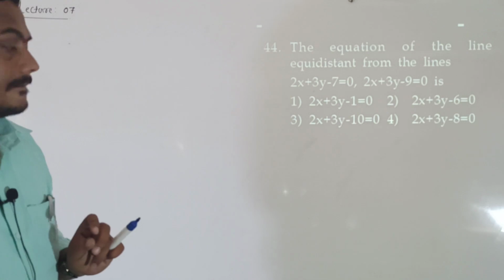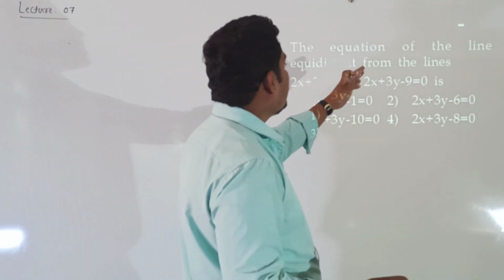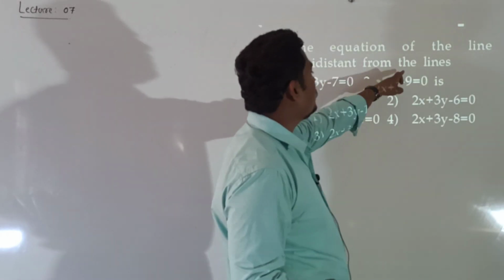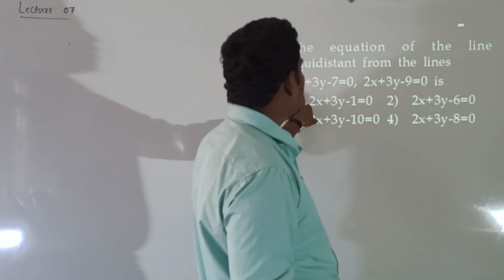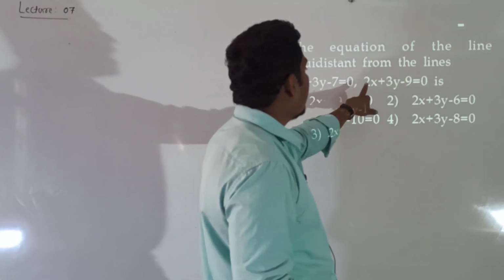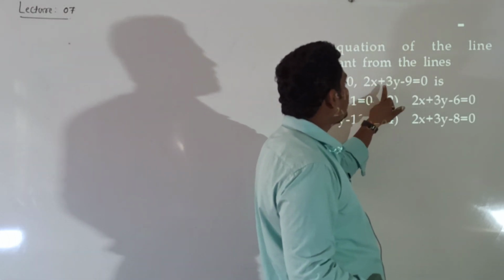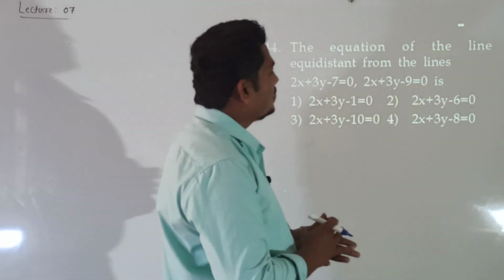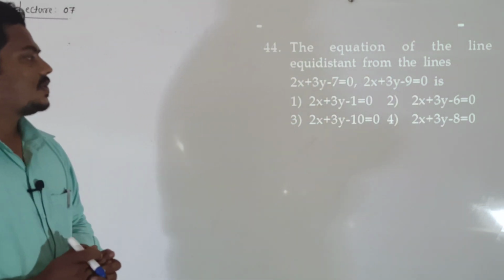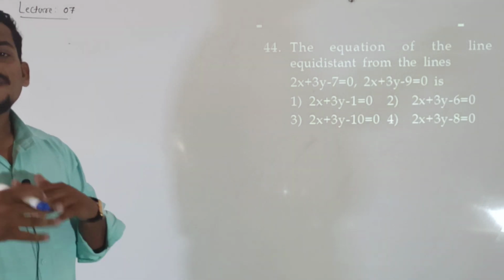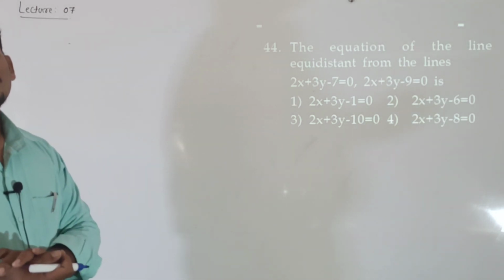Next question: the equation of the line equidistant from the lines 2x + 3y - 7 = 0 and 2x + 3y - 9 = 0 is. Already we have one shortcut formula.